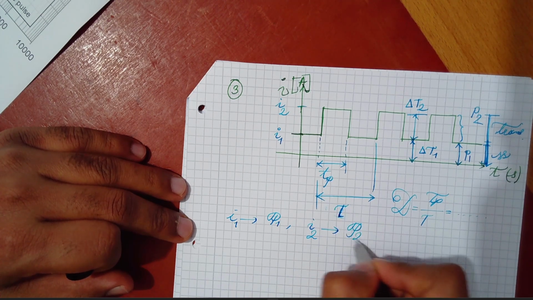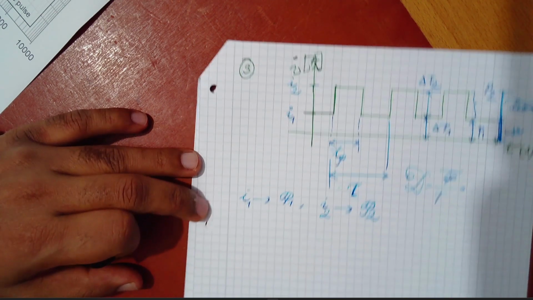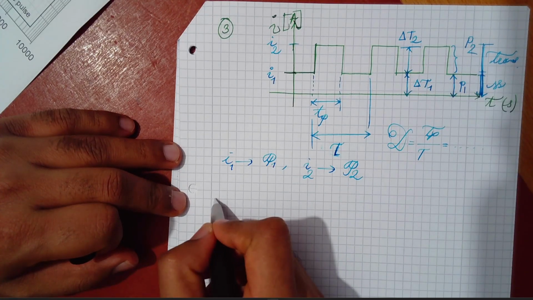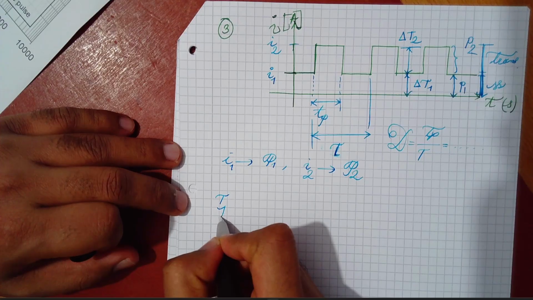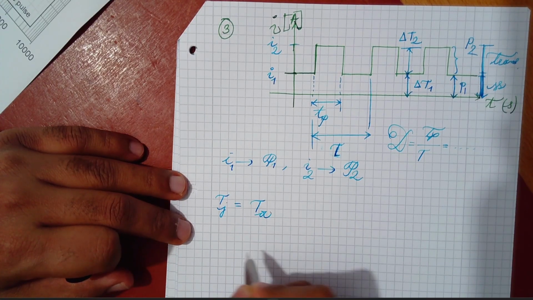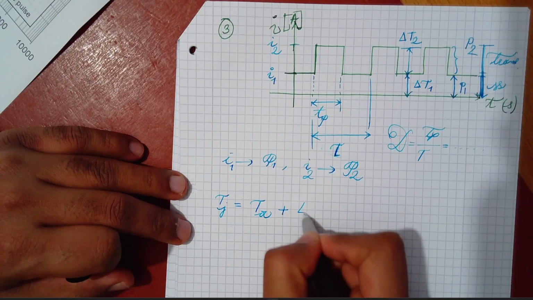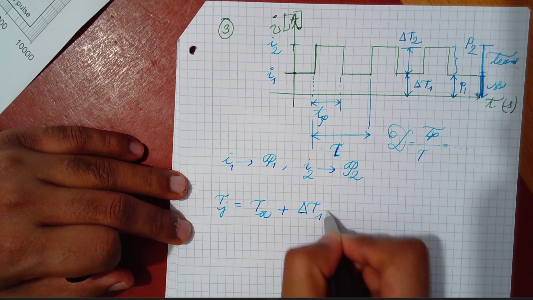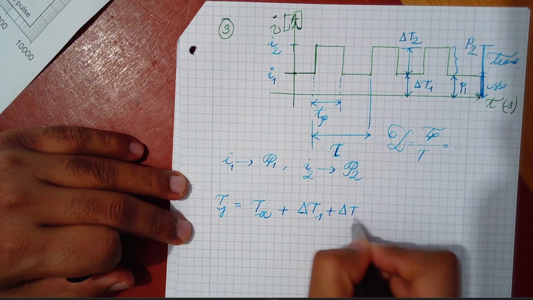If this is the case, we can calculate the temperature of the junction as follows. T junction is equal to ambient temperature plus delta T1 plus delta T2.